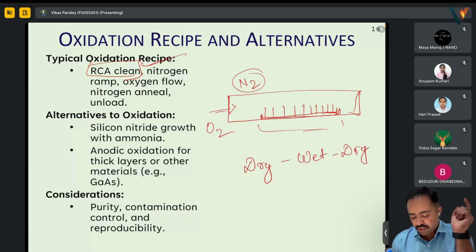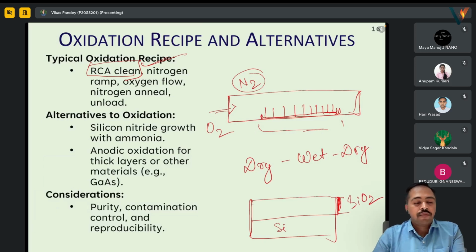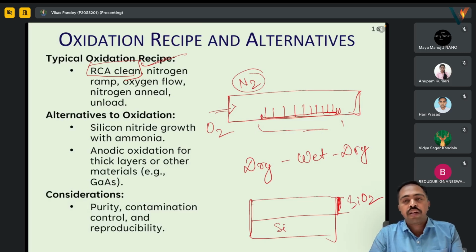Because you saw that, let's say this is silicon, we want SiO2 this much, and which one is giving us better quality of SiO2, dry or wet? Yes, anyone? Dry. Dry is giving us better quality.